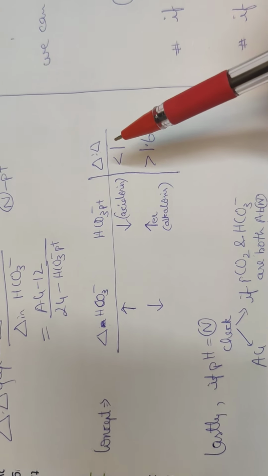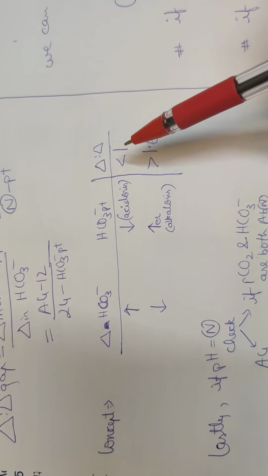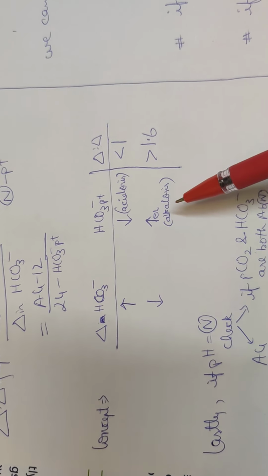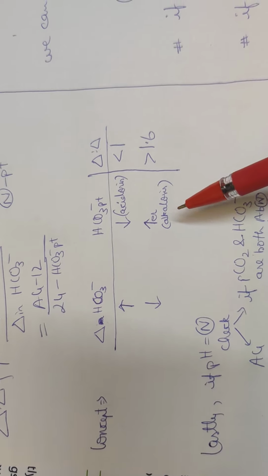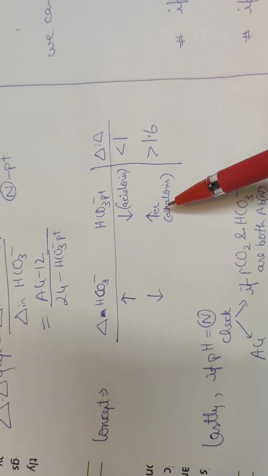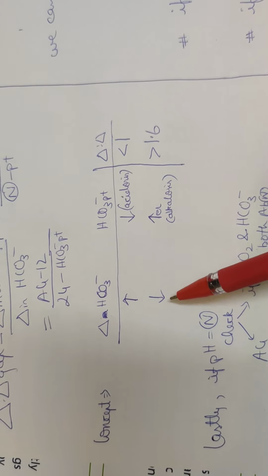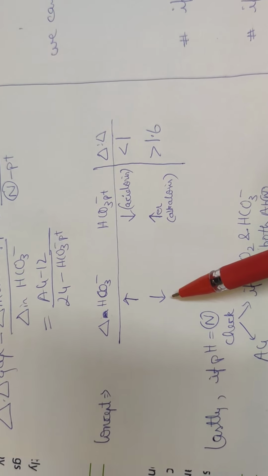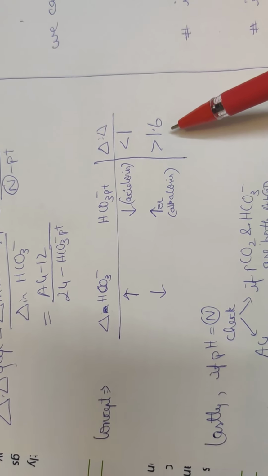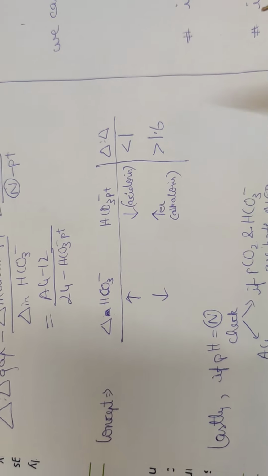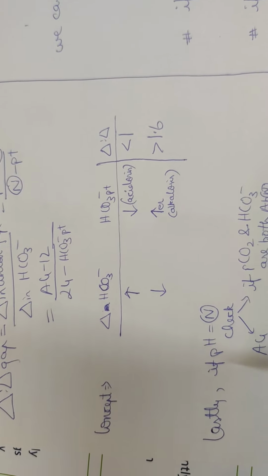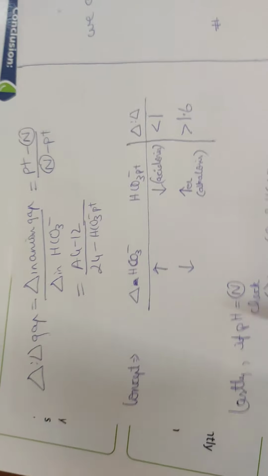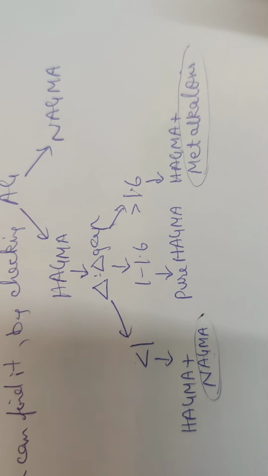So then your delta gap would be less than 1. If you're looking at an alkalosis as a third disorder, then you'll find a higher bicarbonate, which will make delta bicarbonate less and delta gap more than 1.6. So that explains the previous flow chart.